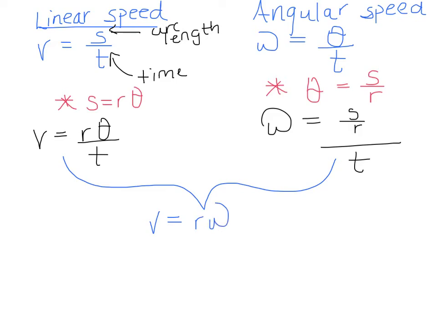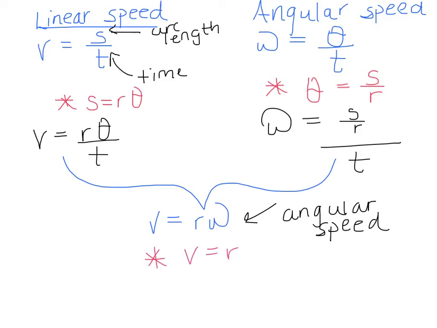Where omega is the angular speed, and we can derive this formula. So your radius times your central angle, which is in radians, divided by your time.